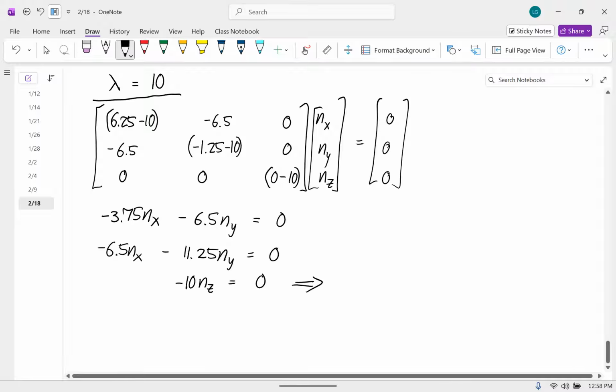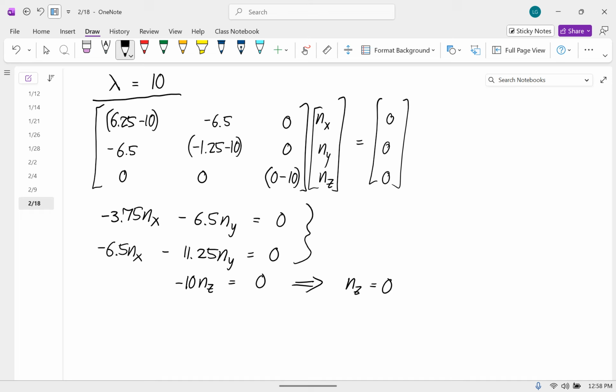So this one right away says nz is 0. These two each say the same thing, that nx is equal to negative 1.73 repeating times ny.